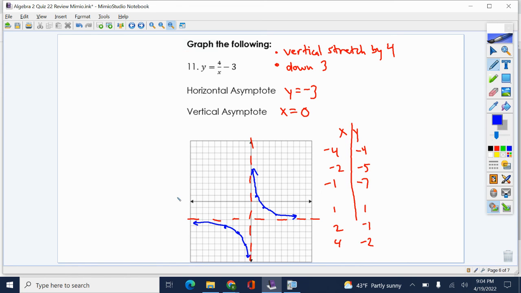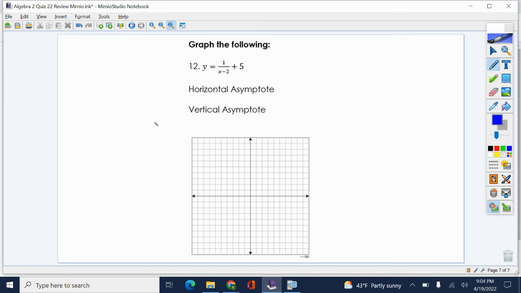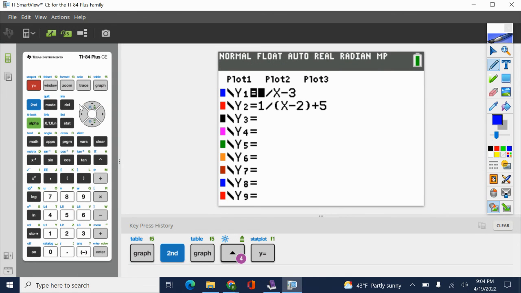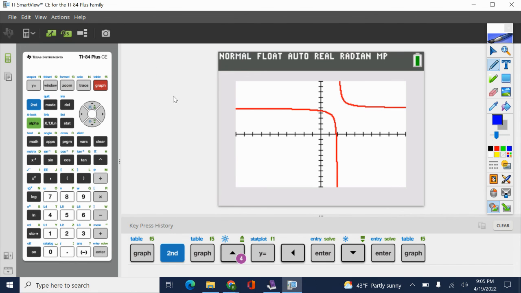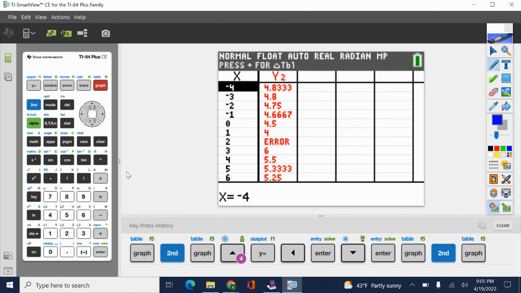There. Last one, 1 over x minus 2 plus 5 on my graphing calculator, pre-entered for my convenience. Looks like that. Again, second graph to find values.